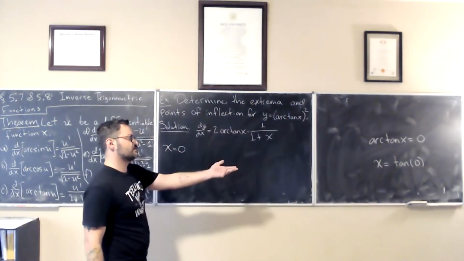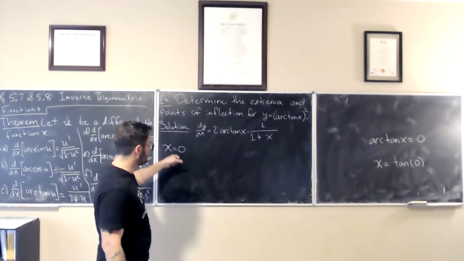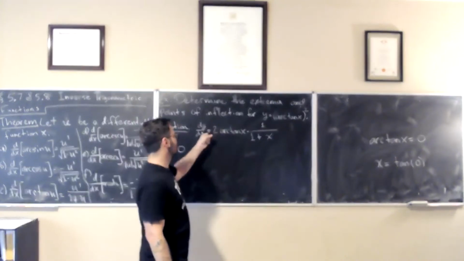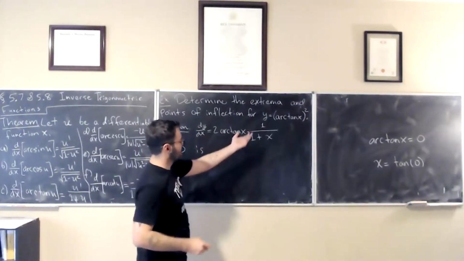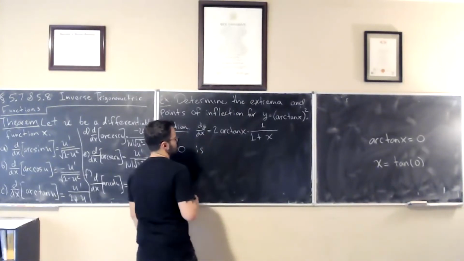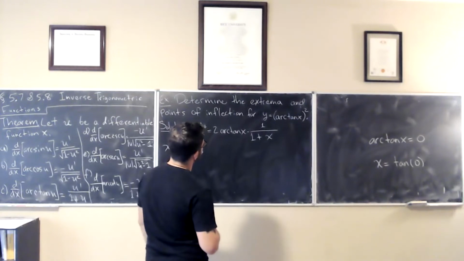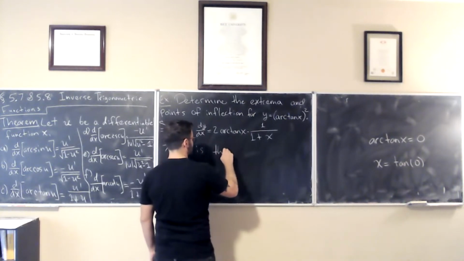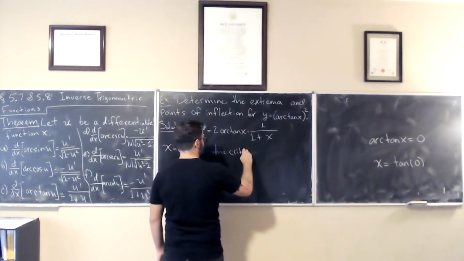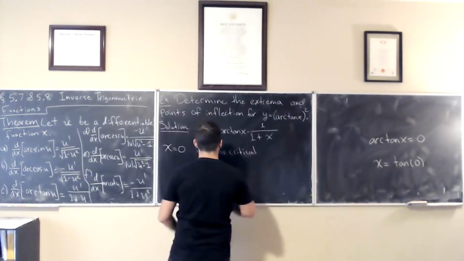The only place where tangent is 0 is x equals 0, so that is the only number you can plug in to make the derivative equal to 0. And this is defined everywhere. So x equals 0 is a critical number.